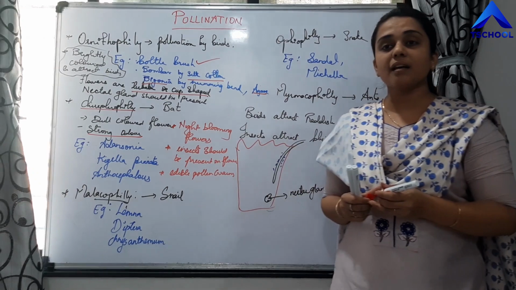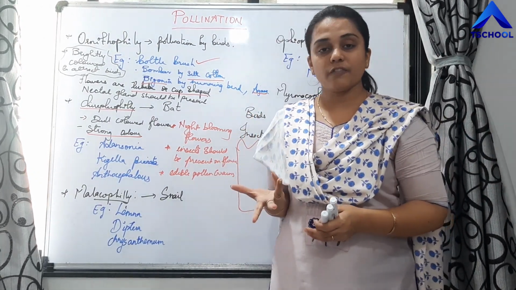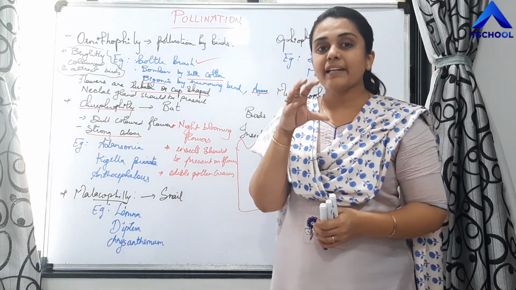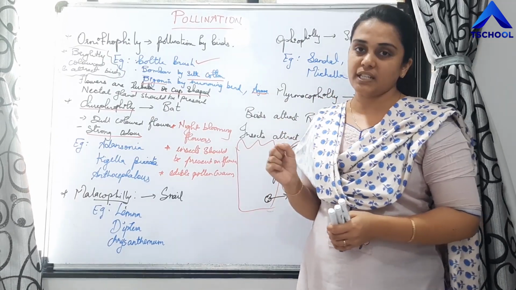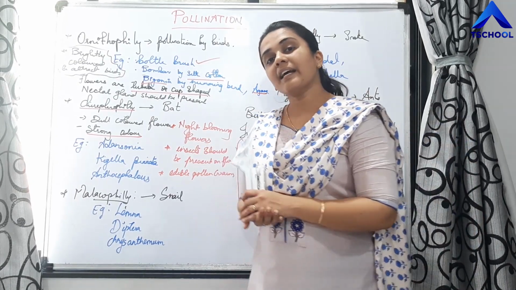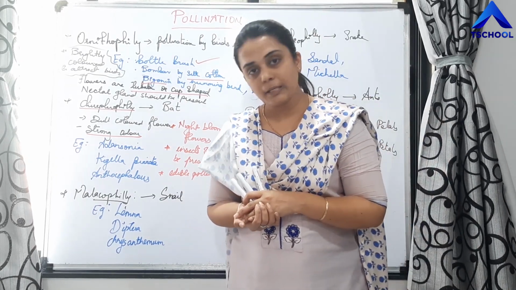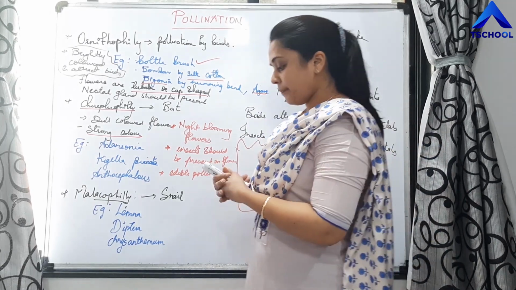The bat is coming towards the flower through the smell of rotten flesh or some foul odor, or insects will be present on the flower, so the bat is coming to eat those insects, or the pollen grains are edible. The flower should be strong and heavy to support the weight of the bat. The flowers are night blooming and dull colored.